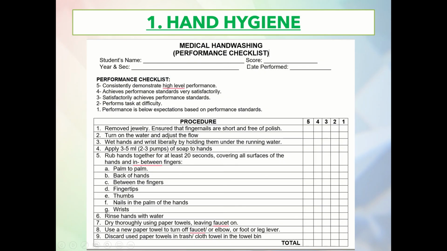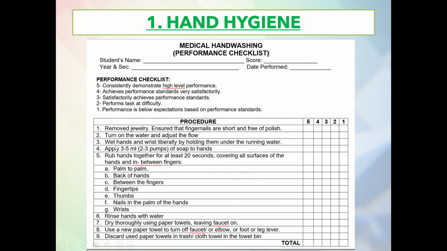Now, we have here a performance checklist for medical hand washing. So it's almost the same sa diniscuss natin kanina. So this is how you will be graded in performing your medical hand washing. So make sure na you perform all these tasks to get a complete or a perfect score of 5. So pag may na-miss kayo, definitely mababawasan yung score nyo.